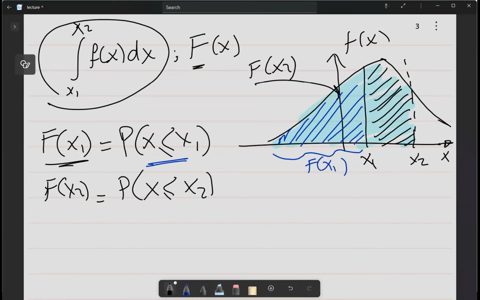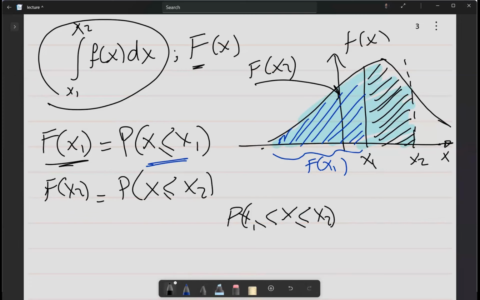Now I want to calculate the probability of x to be greater than or equal to x1 and less than or equal to x2. What happens if you subtract the CDF at x2 minus the CDF at x1? The CDF of x2 will be the area under x2 up to minus infinity.